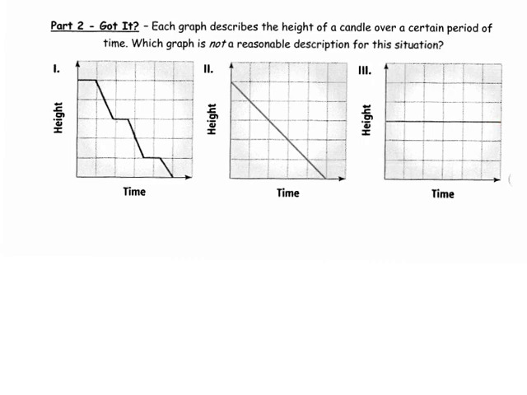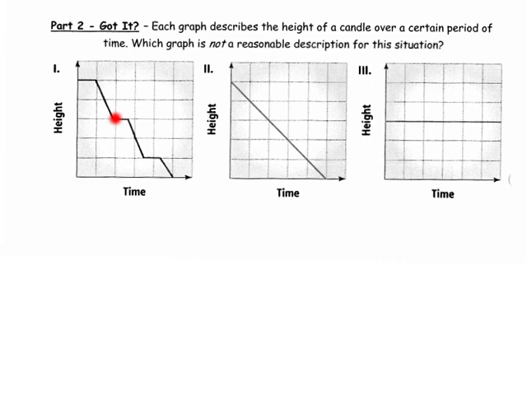As you burn a candle, the height decreases. So this scenario is where you burn the candle until it no longer exists, so until it goes down all the way. This scenario here is where you don't burn it, and then you decide to burn your candle for a little bit, so the height of the candle goes down.